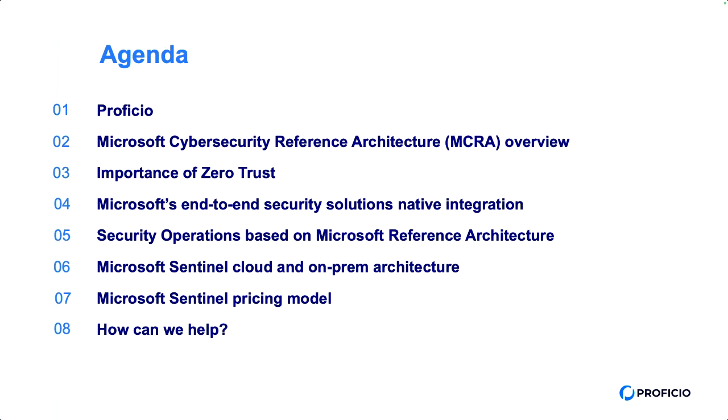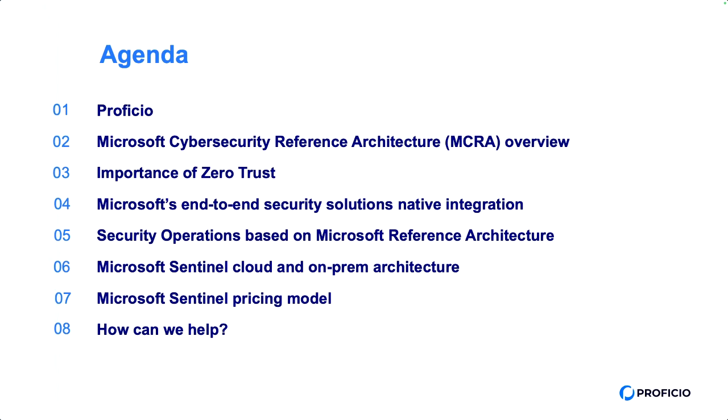We will also touch the topic of importance of zero trust and why we are bringing this into this webinar. Also, we are going to speak about Microsoft Security Solutions native integration and the benefits it gives to its users. Also, we are going to talk about security operations architecture based on Microsoft reference architecture.